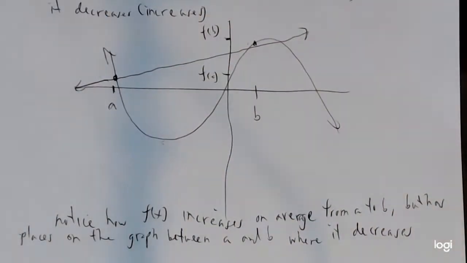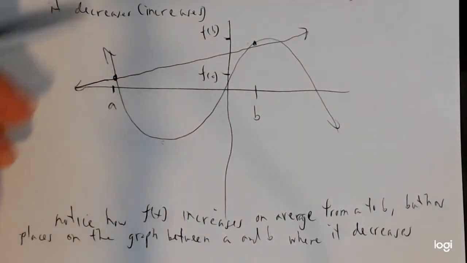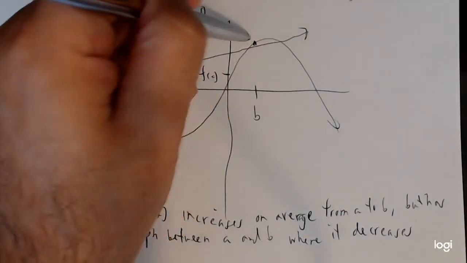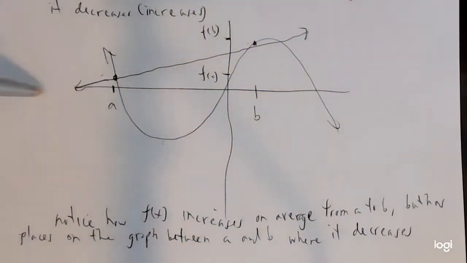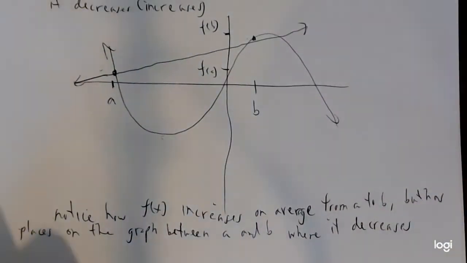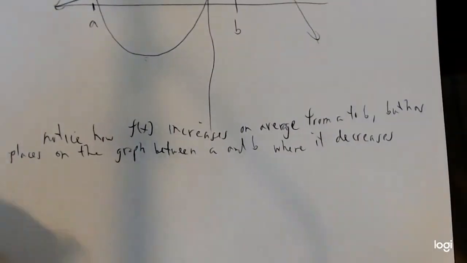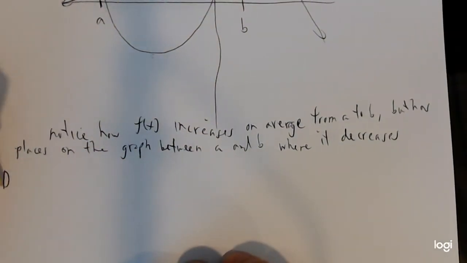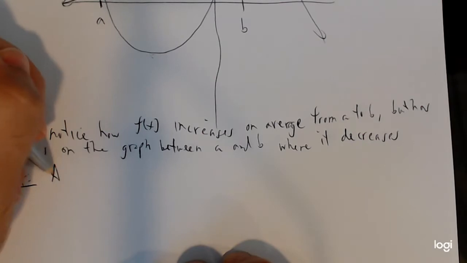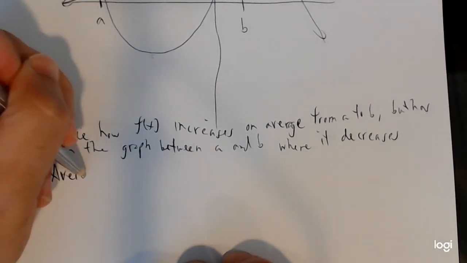That's the point we're making here, and that's where the word average comes from, right? Because on average it's increasing or decreasing. Now I'll leave this picture here so we see exactly how the average rate of change between these points is literally the slope of that secant line, okay? Let's define the average rate of change, and then we'll do some examples.